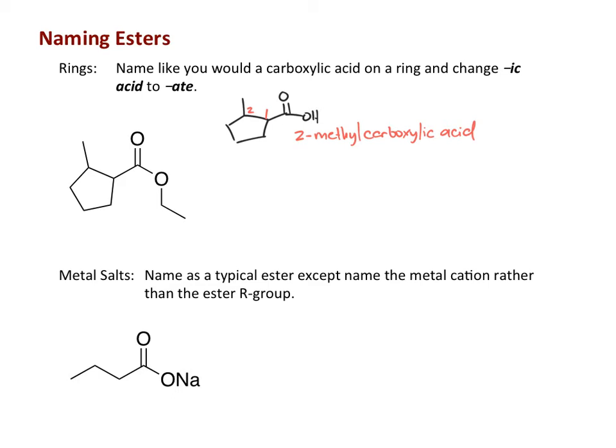Well, just like before, we're actually just going to change this ending to ATE to represent the ester, and we have to designate this ethyl group on the ester. So the IUPAC name for this, we'll start with the R group on the oxygen. Do ethyl, then leave a space, 2-methyl carboxylate.